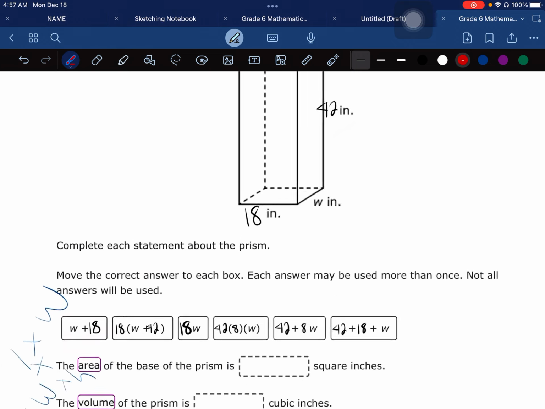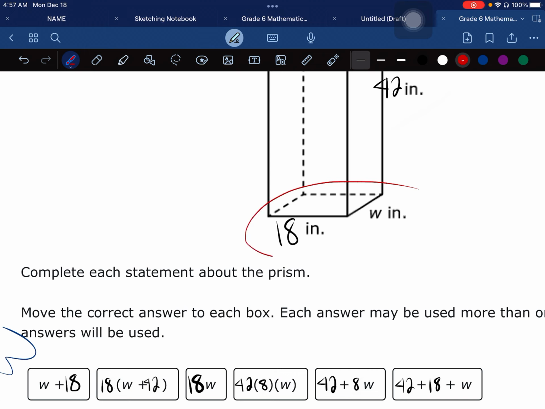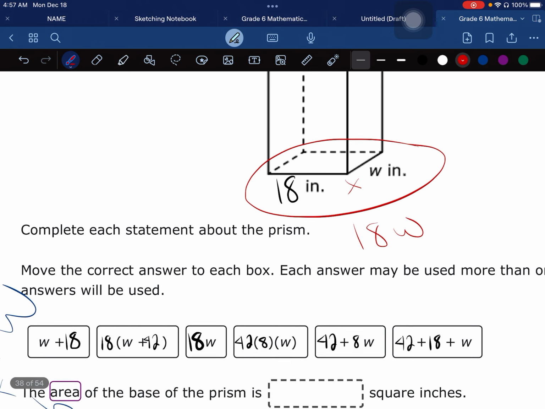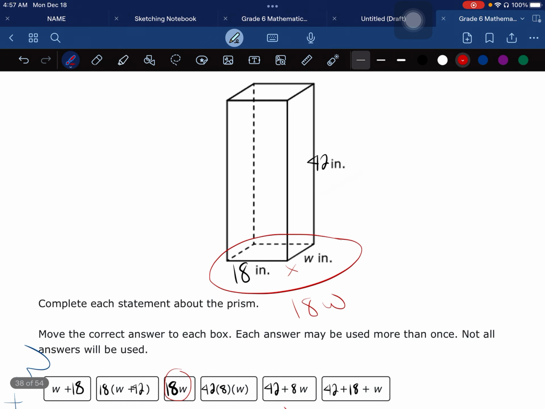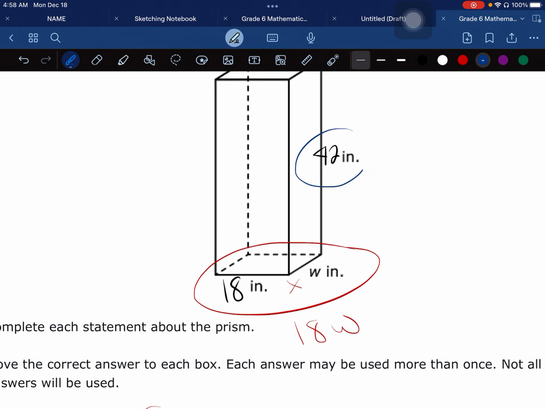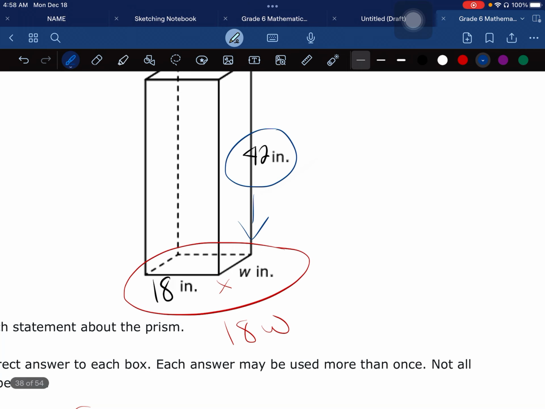So area, all we need to find is this flat surface rectangle, which is 18 times W. 18 times W will give us 18W. Boom. There we go. And then volume, we just need to multiply this to the numbers that we already had.